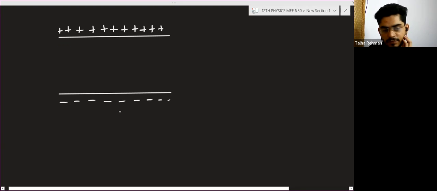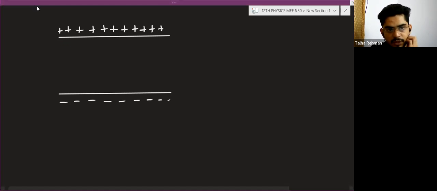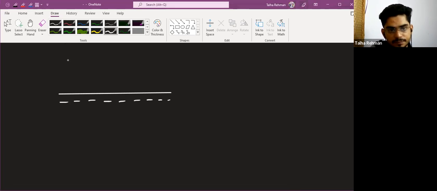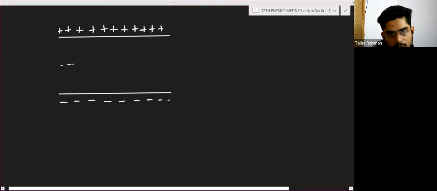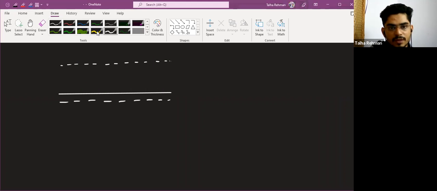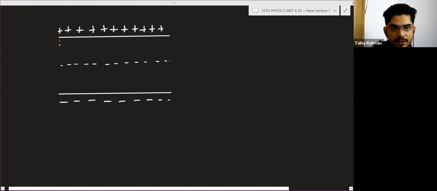And this time what I am doing, I am filling the dielectric like this. I am filling the dielectric like here to here. Okay. Like this, I have filled dielectric.